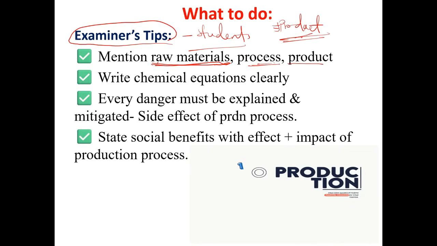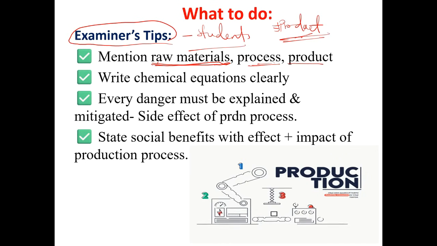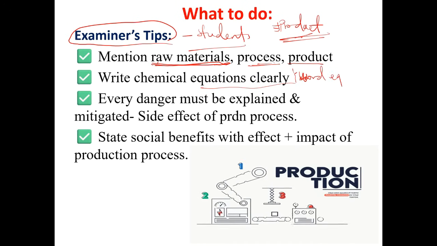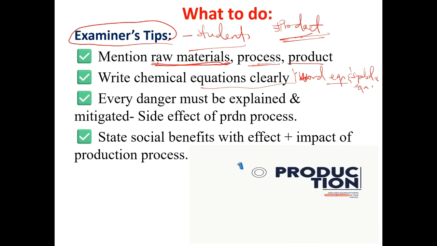Of this product. And we're saying that during the process of production, write the chemical equation clearly. You can write the chemical equation, or you can write even the word equation, or the symbolic equations of those chemical equations.